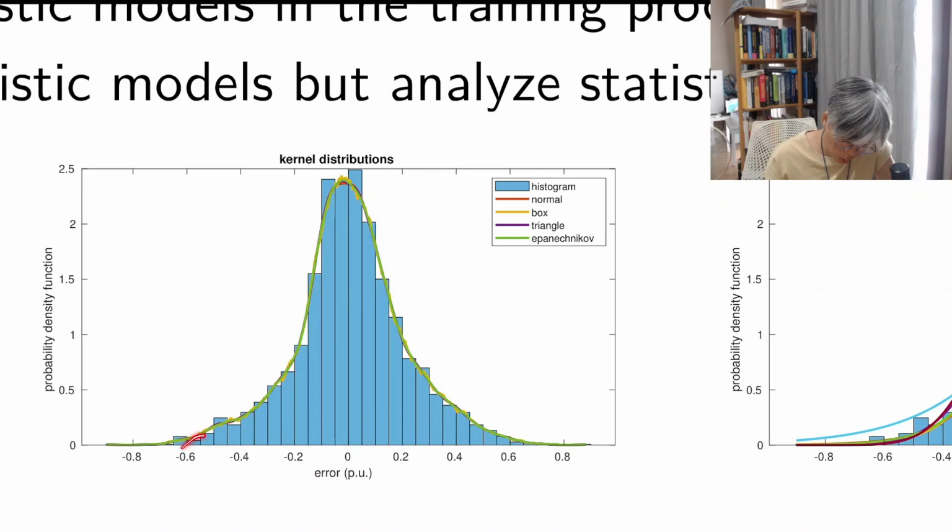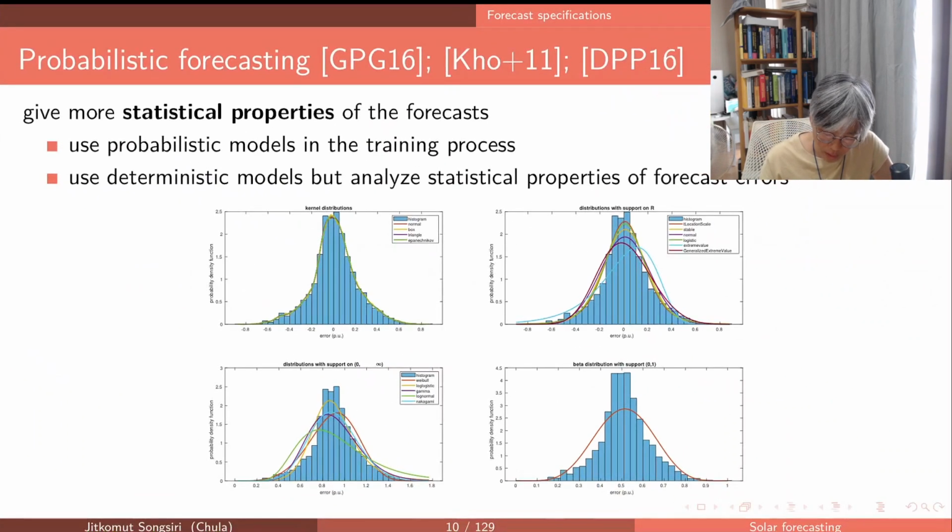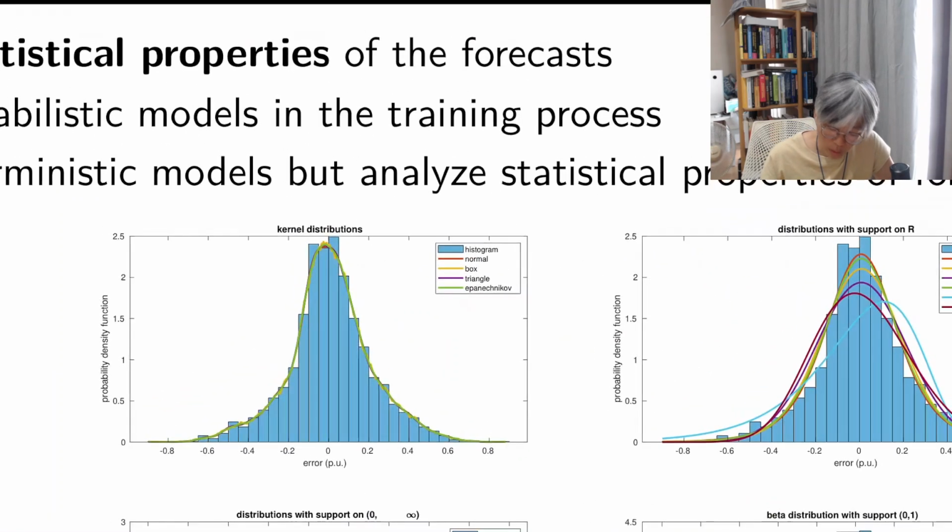One example is to plot the histogram and try to fit the PDF, the probability density function, using different techniques, whether it's a non-parametric technique like KDE or one that assumes a distribution.